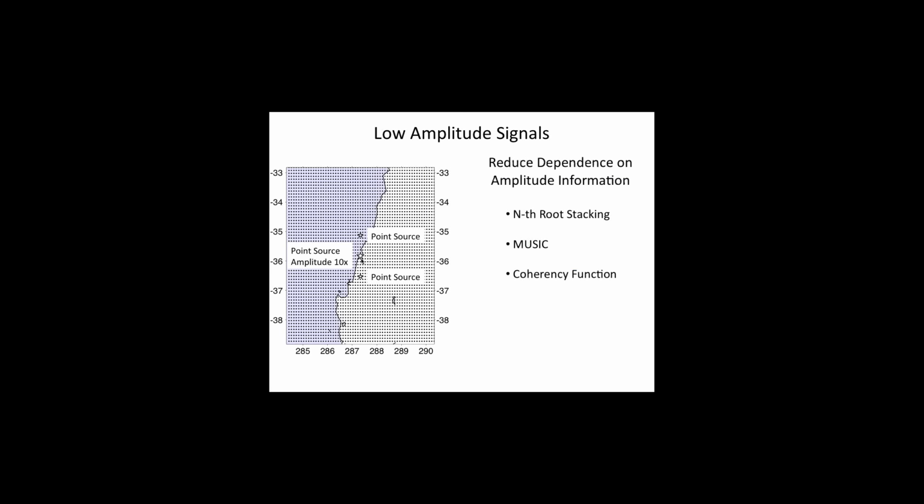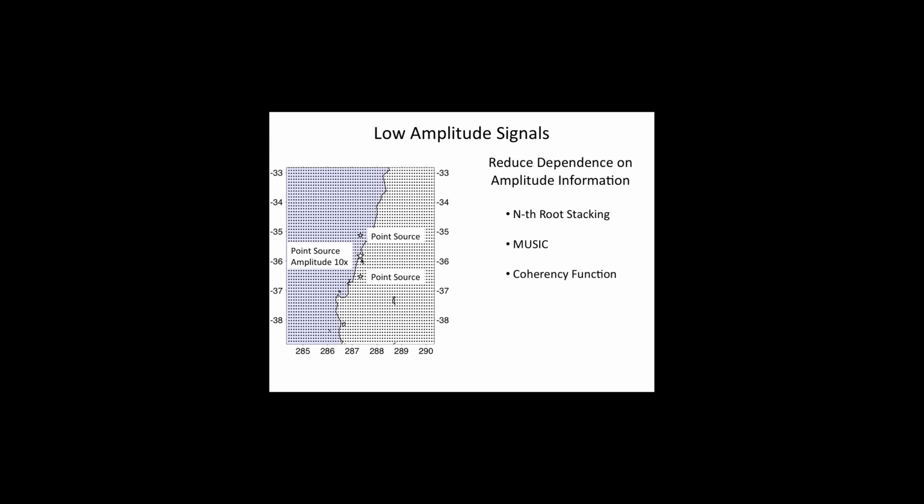There's a long list of these processing steps. A few you may see in the literature: in-through stacking is very common, the MUSIC technique is very common, and what I'm going to be using for this talk is the coherency function.